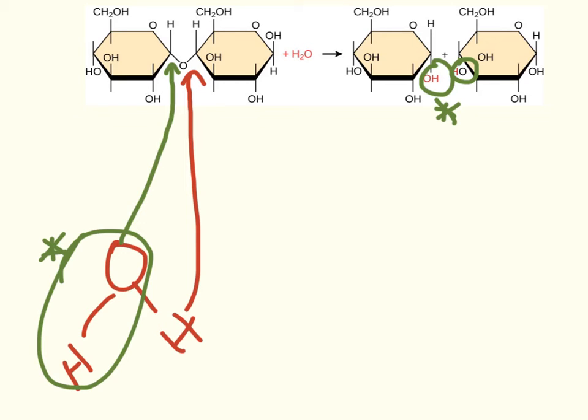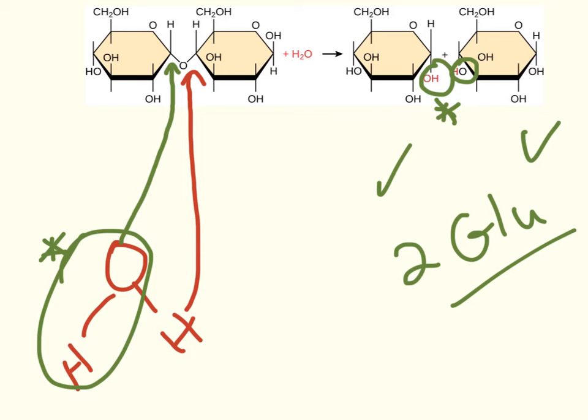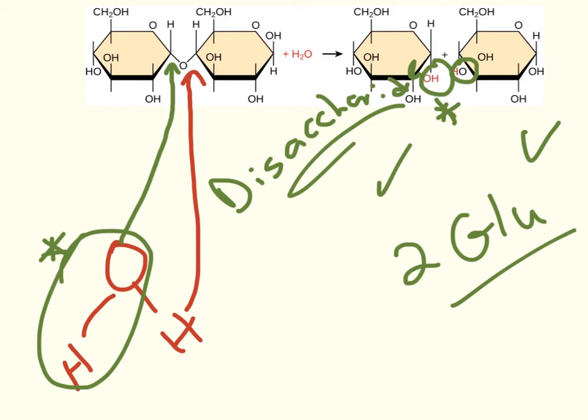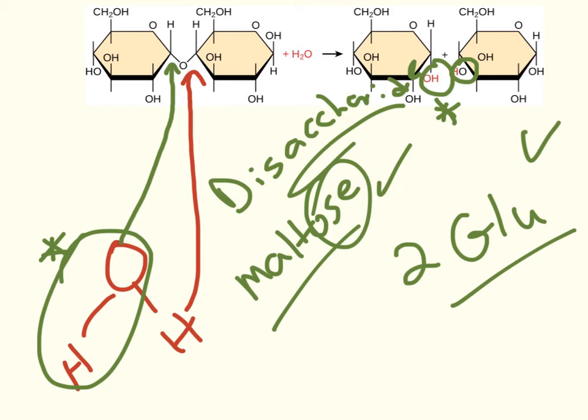We are a go on both of these molecules, and so what you have now is 2 glucose molecules, and you started with a disaccharide, and probably, I'm not sure, but probably maltose, right? Because these look like 2 glucose molecules, and when you have 2 glucose molecules put together, that's maltose. You don't need to remember those, but it's good to remember that ose is sugar, and that any disaccharide can be separated using this hydrolysis.